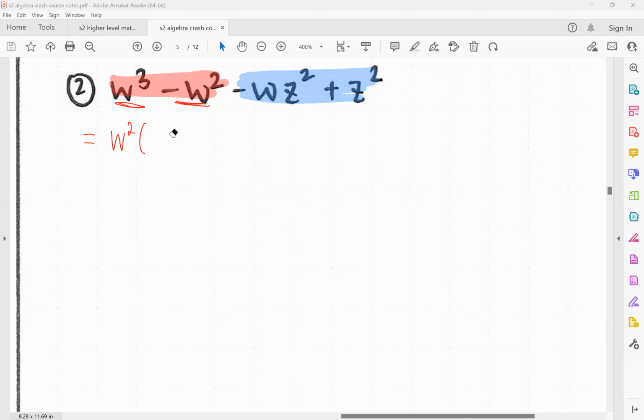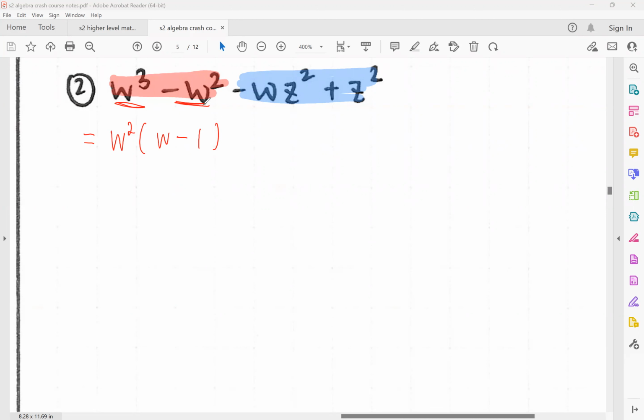Anybody want to try? What should it be inside the bracket? W squared is correct, but what should be in the bracket? W minus 1. Yes, W minus 1. Can you explain how come there's a minus 1? Why isn't it just W? Because like the negative 1 times W squared, you have to get negative W squared.